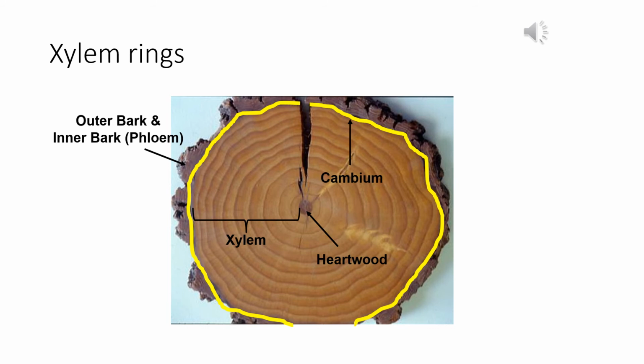The more xylem rings present in the tree, the greater the tree's age. So the outer bark is known as the phloem, and inside the phloem there is a layer of tissue known as the cambium, and inside the cambium there is xylem. By counting the xylem rings or annual rings, we can predict the age of the tree.